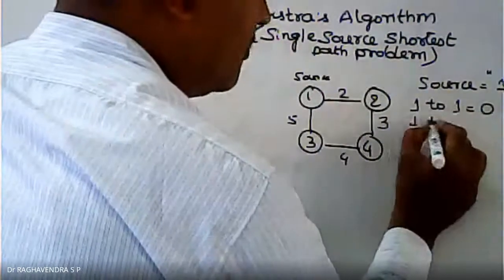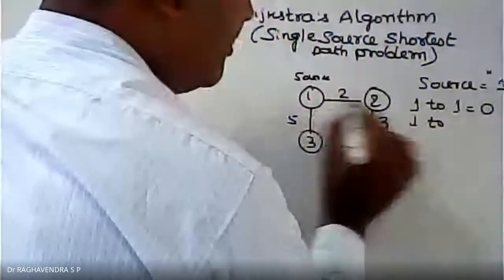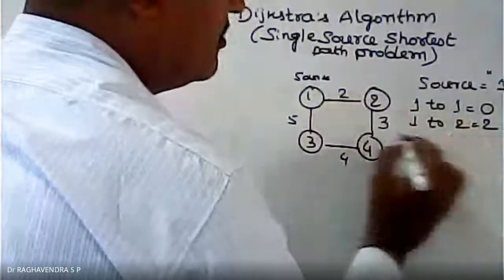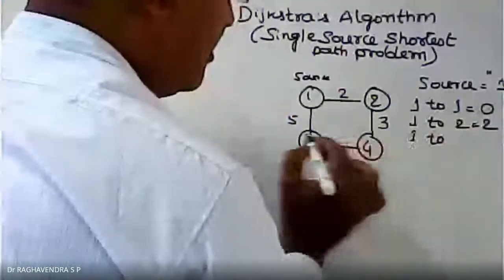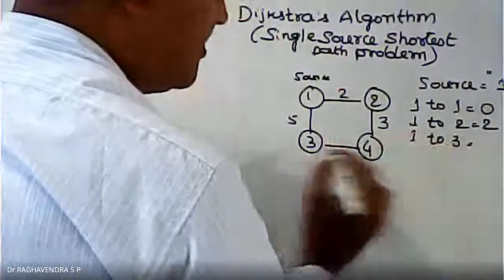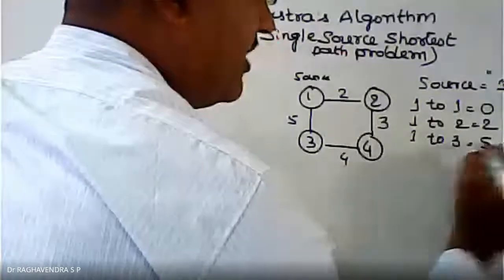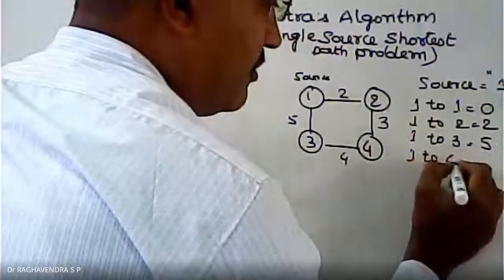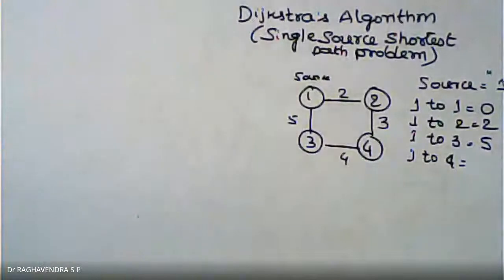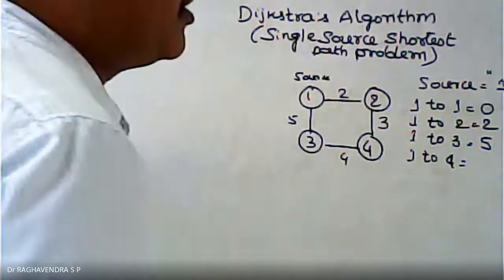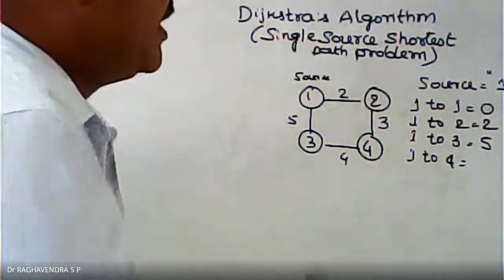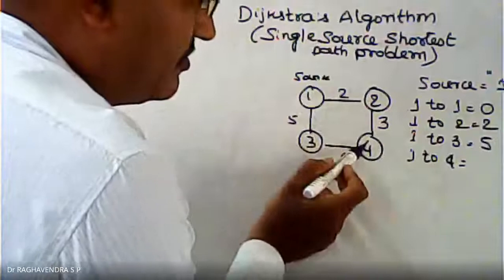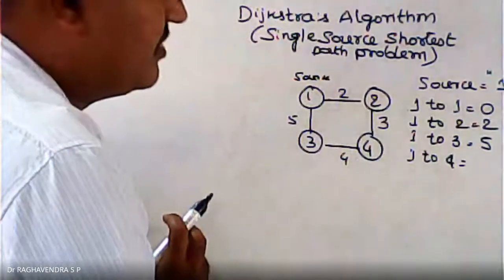Similarly, 1 to 2, the cost is 2. 1 to 3, the cost is 5. Next, 1 to 4, what is the distance?